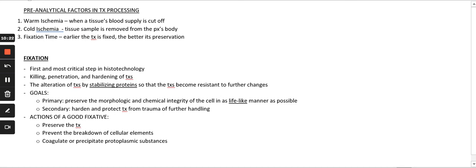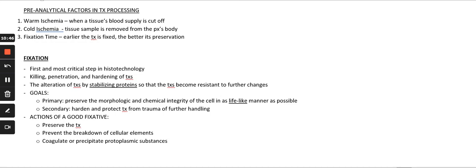Now, we already discussed previously the different factors that either enhance or retard the rate of fixation. And I would also like to remind you that the rate of penetration for our formalin is 1 millimeter per hour. Okay.